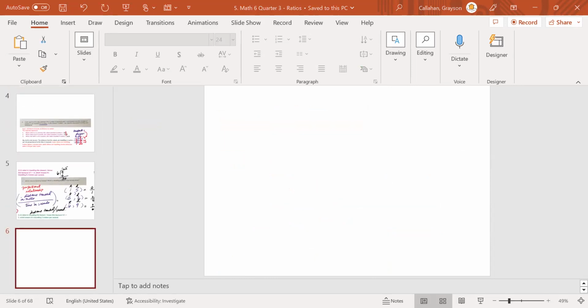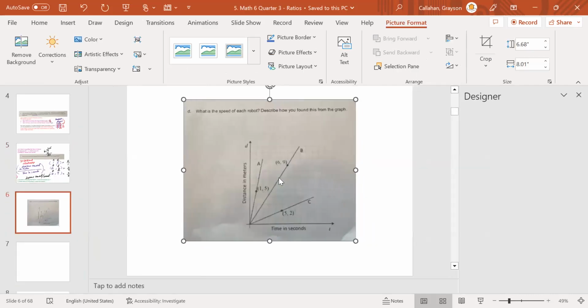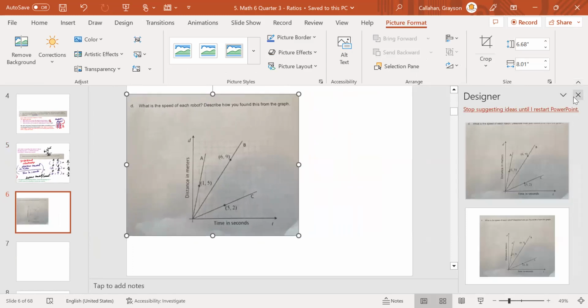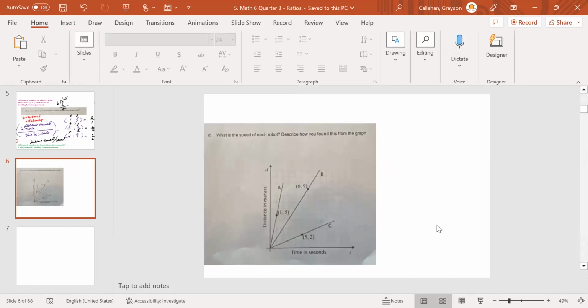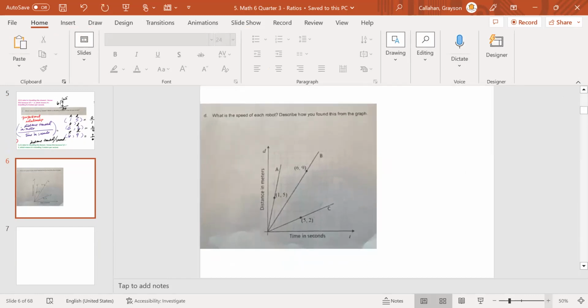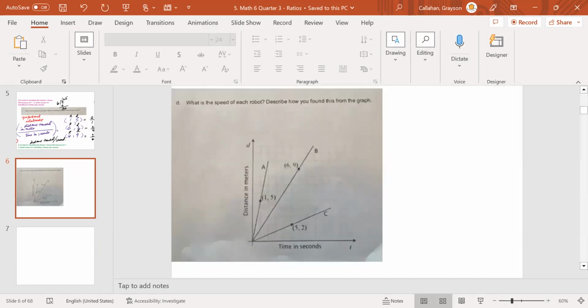All right, let's go on to the next one, which is, what is the speed of each robot? Describe how you found this from the graph. When you look at this graph right here, what do you see, Grayson? I see a grid and I see points. Does this kind of remind you of a slope, sort of?